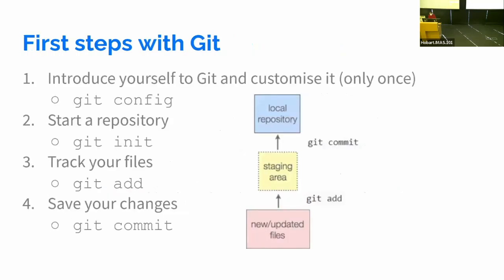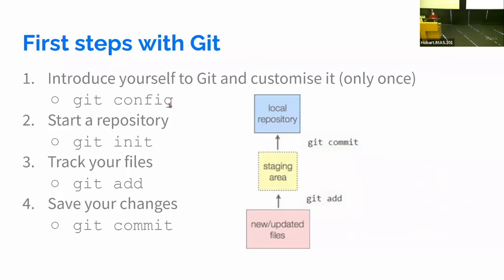So Git is not as complicated as it might seem initially. We follow these 4 basic steps when we do version control on our own machine. First, we introduce ourselves to Git using git config, from configuration, as we see here.